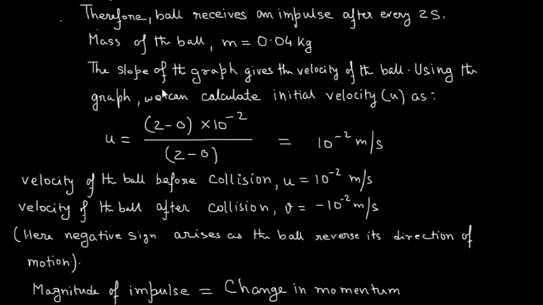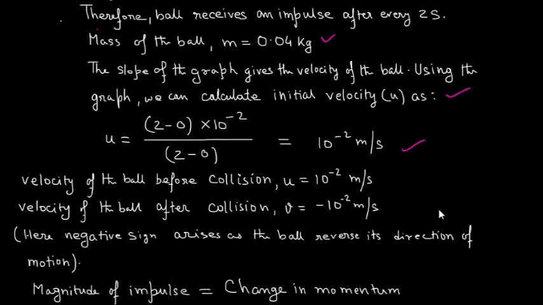Mass of the ball m is equal to 0.04 kg. The slope of the graph gives the velocity of the ball. Using the graph, we can calculate initial velocity u as u is equal to (2 minus 0) into 10 to the minus 2 upon (2 minus 0), that is 10 to the minus 2 meter per second.